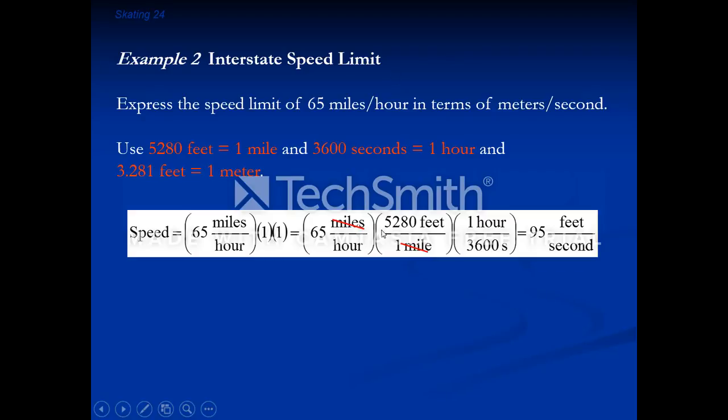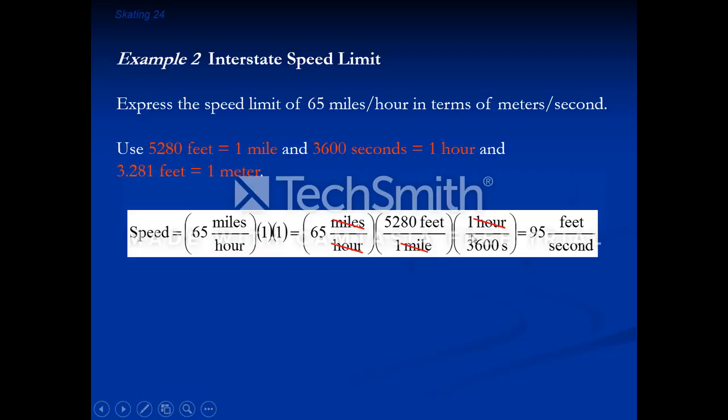Now our units are feet and hours. To get closer to meters per second, I will now multiply by 1 hour divided by 3,600 seconds in order to convert from hours to seconds. Now we have hours on top and on bottom, so they cancel. And we're left with feet per second as our only units.